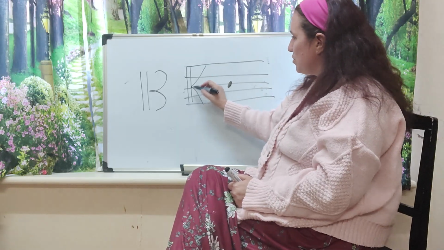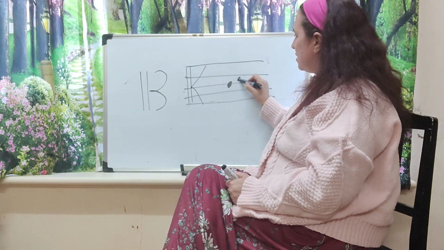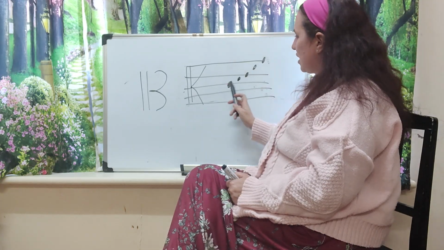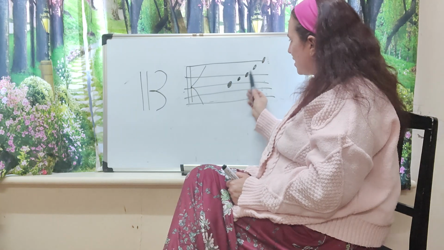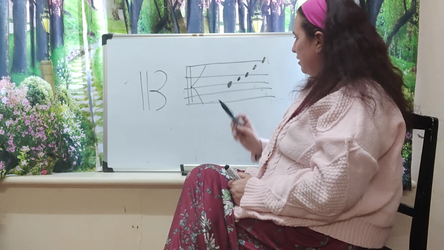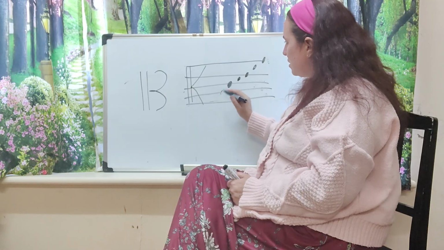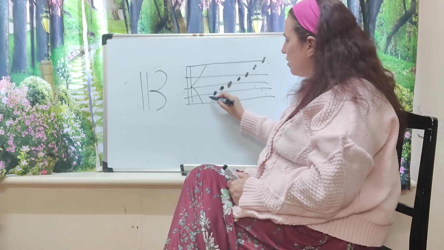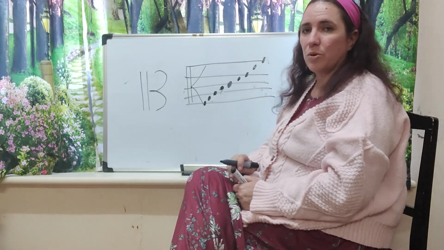So the same thing, if I use this one that I've drawn here, C on the middle line, C, D, E, F, G. So notice again I went line, space, line, space, line. I don't miss any, so that's how I got my ladder. And if I go the other way, C, oh, I almost missed the space, C, B on the space, A on the line, G on the space, F on the bottom line.